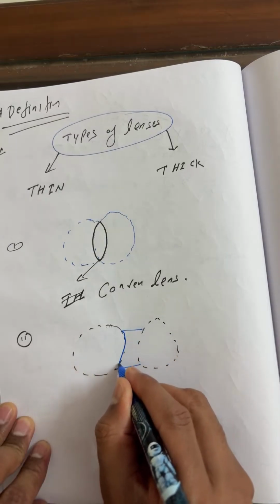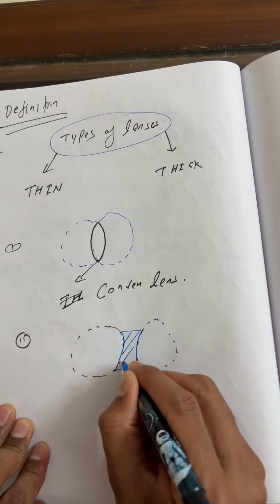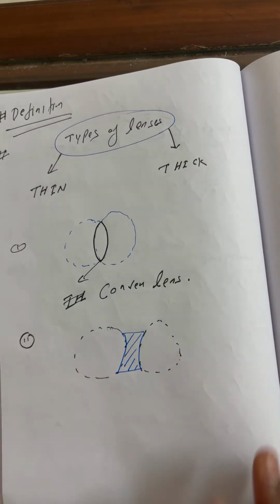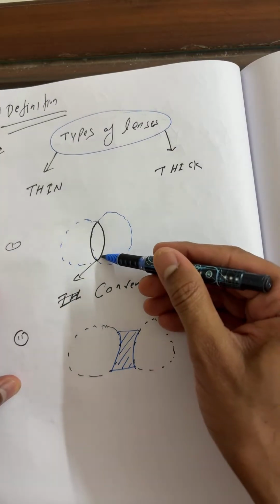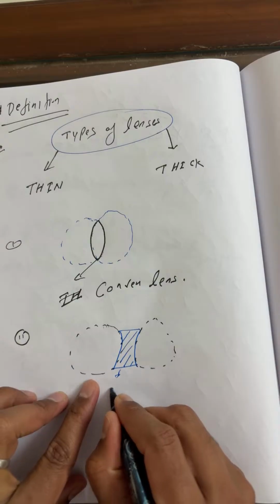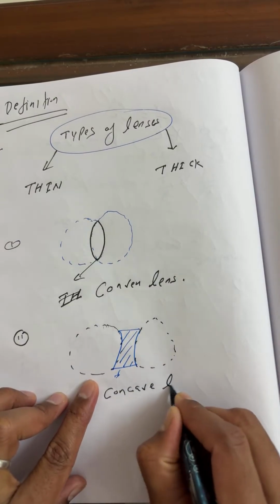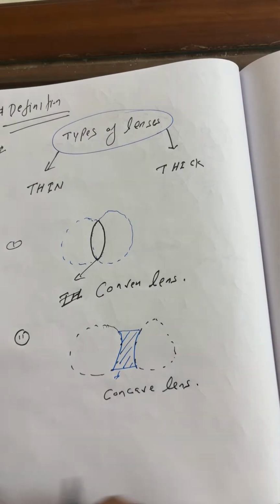This is nothing but a concave lens. So this is a convex lens, and this is a concave lens.